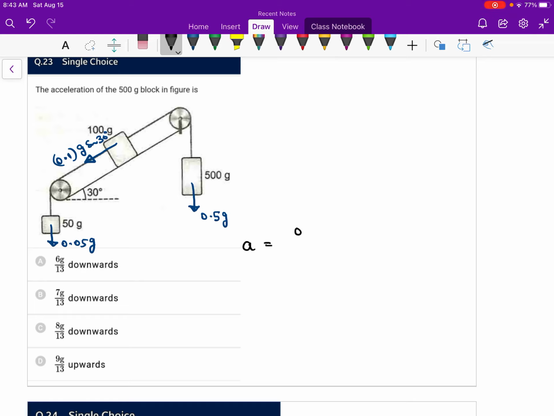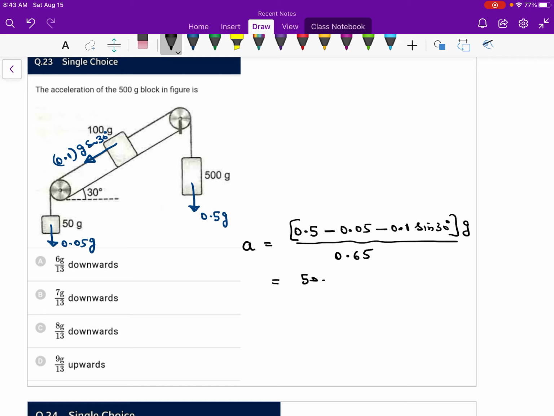Net pulling force is 0.5 minus 0.05 minus 0.1 sine 30, into g, upon total mass, which is 500 plus 650, so 0.65.